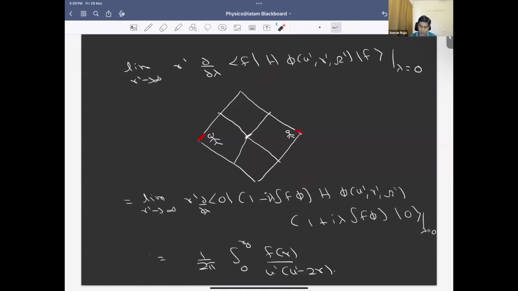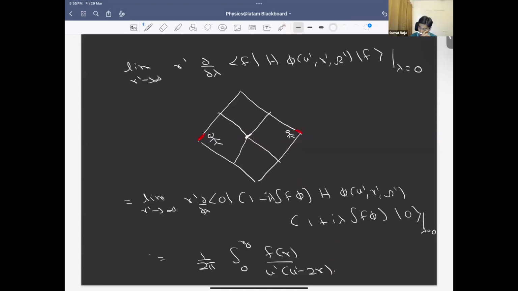Now, this answer, in fact, you can check, if you know this answer in this red region, so U prime here is just something in the red region, you can completely determine what f of r is. And how do you determine it? Well, you know this answer for very large U prime, because U prime here is very large.